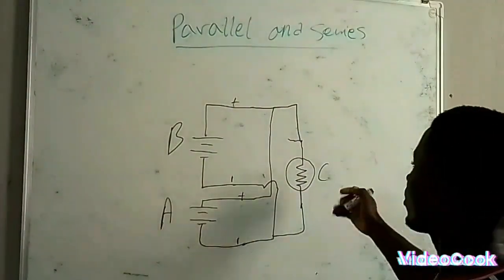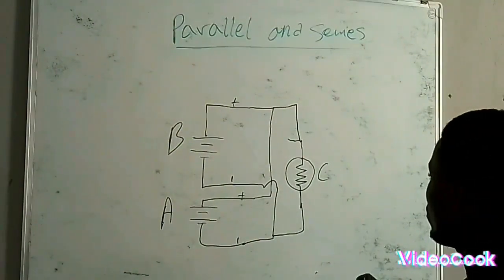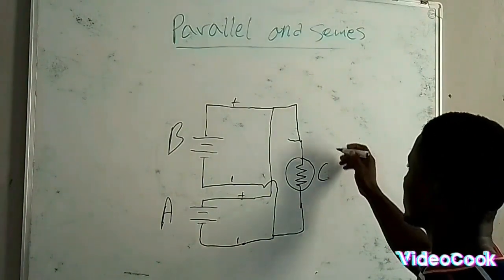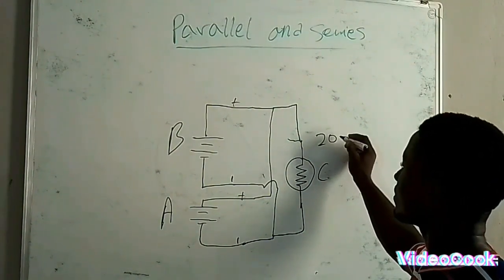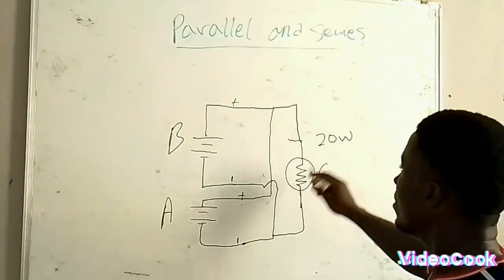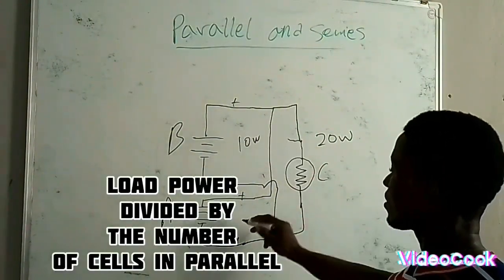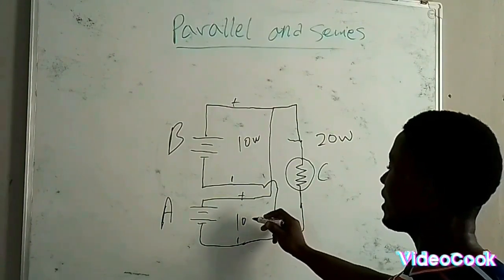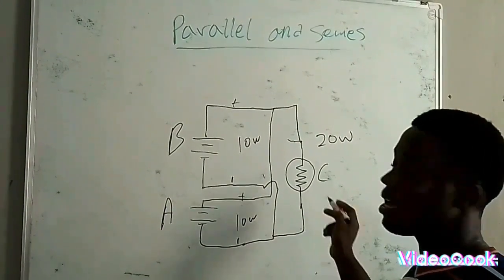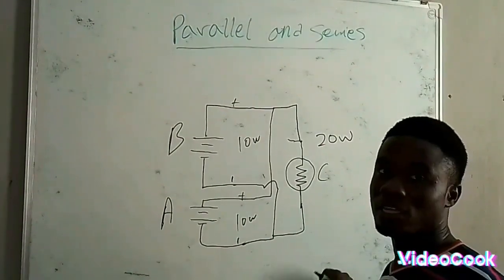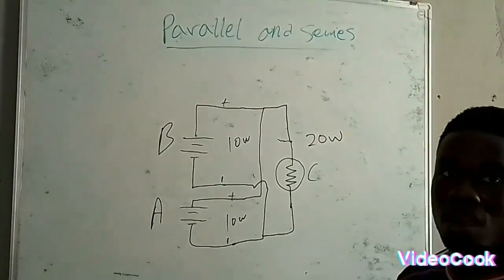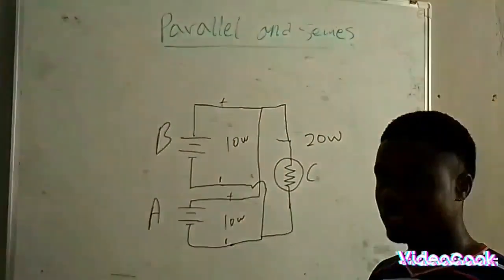So, if the energy consumption of the load is 20 watts, both batteries will take 10 watts. So battery A will give out 10 watts and battery B will give out 10 watts. In this case, parallel connection has been established.